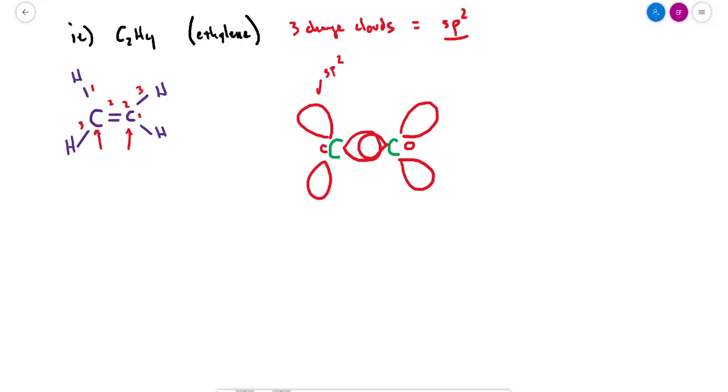But remember that in order to make sp2 orbitals, that means we're leaving out one of our 2p orbitals, right? We're only hybridizing those 3 to get to the 1, 2, 3 sp2s, and then we still have a p orbital.